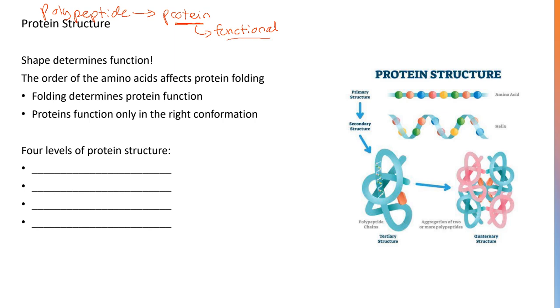It has its function. A polypeptide is kind of the backbone. You will see in a second that the polypeptide has to twist and turn to come to the right shape and fold into a protein. And once it folds into the right structure, it becomes functional.